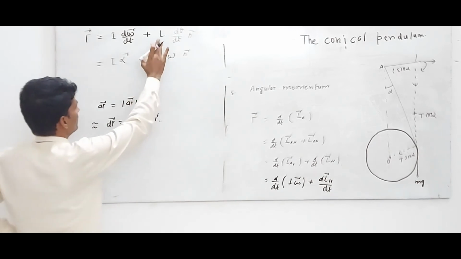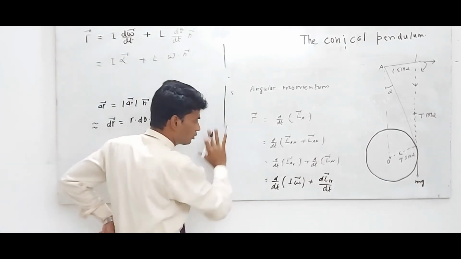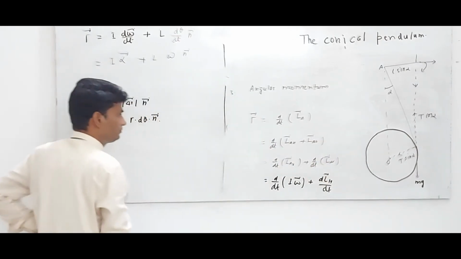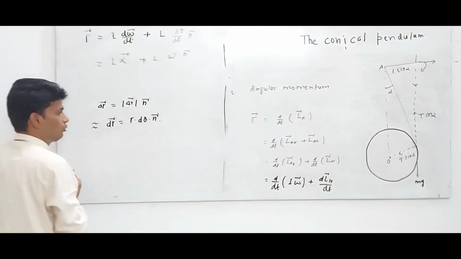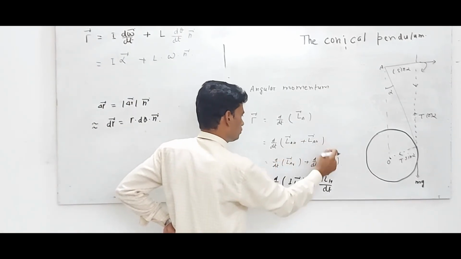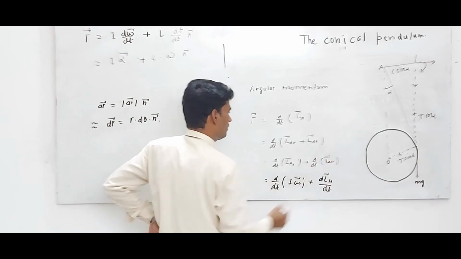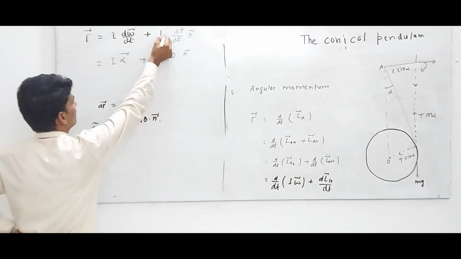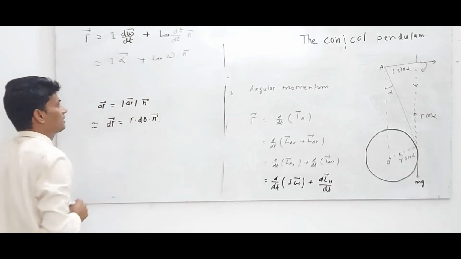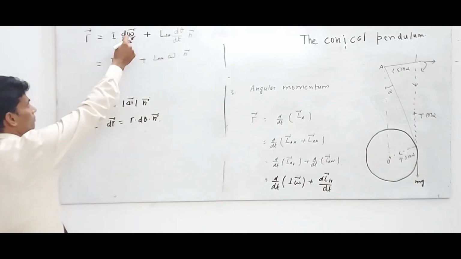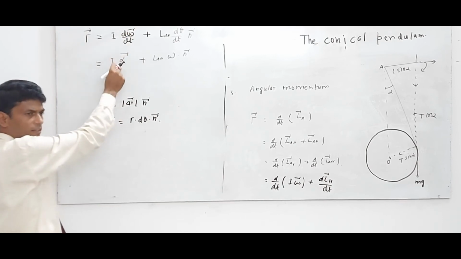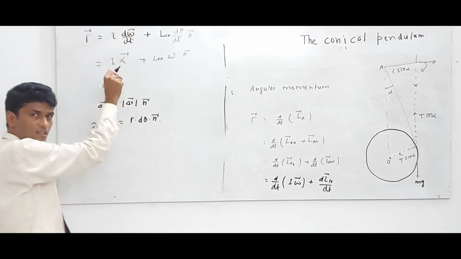So this is L. What about L? Not the total angular momentum vector, this is the L horizontal, L_H. So the angular velocity is constant, so its time derivative, alpha, comes out to be 0.